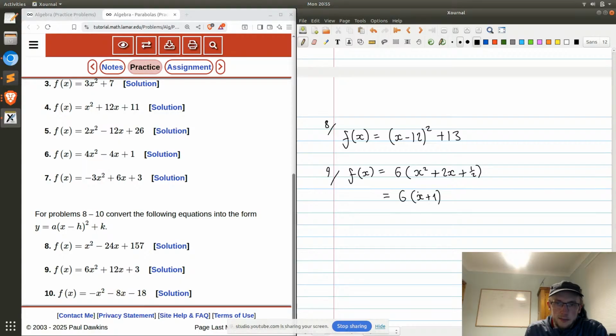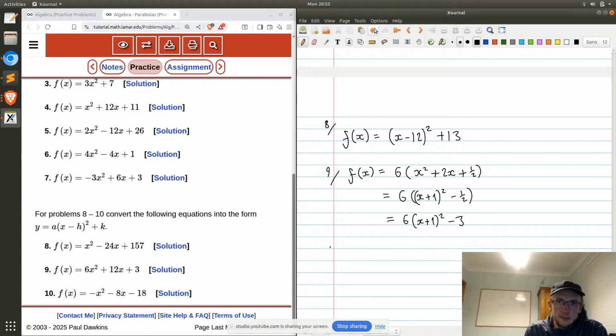Just like that. That creates a 1 out of nowhere. So you have to subtract it. 1/2 minus 1 is -1/2. And then expand it out. 6 times -1/2 is -3.